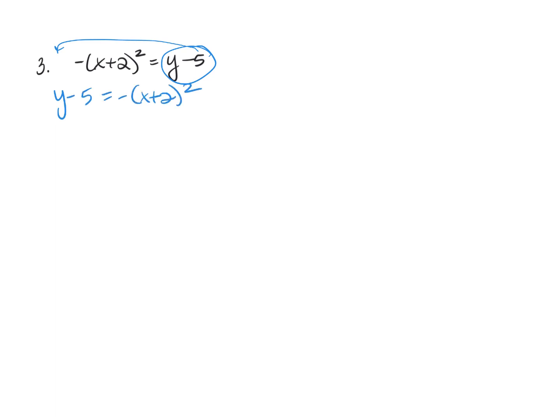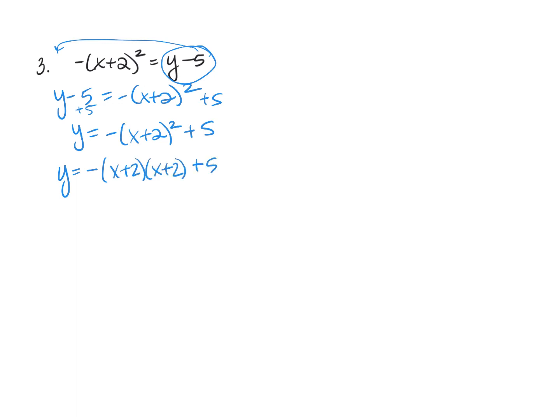I need the y by itself. So I'm going to add that 5. Now I have y equals negative (x plus 2) squared plus 5. Now it's in vertex form. Now I can expand it like we did before. Negative (x plus 2) times (x plus 2) plus 5.